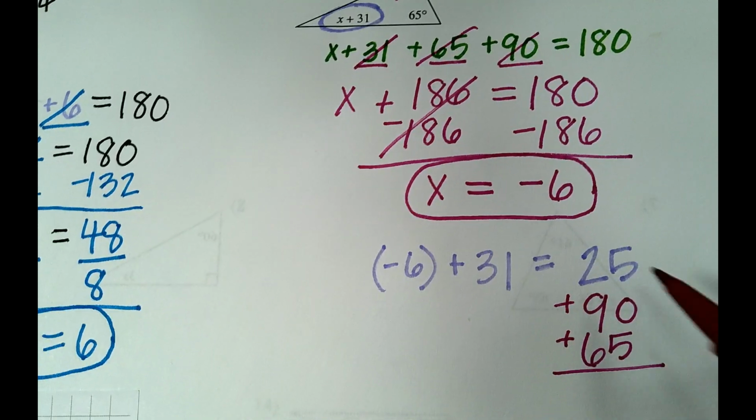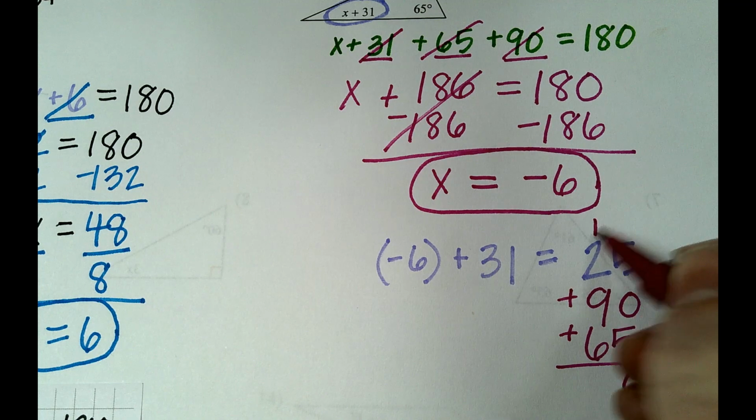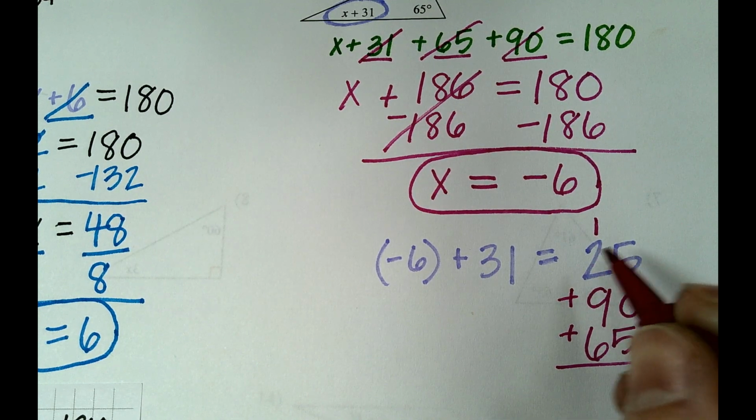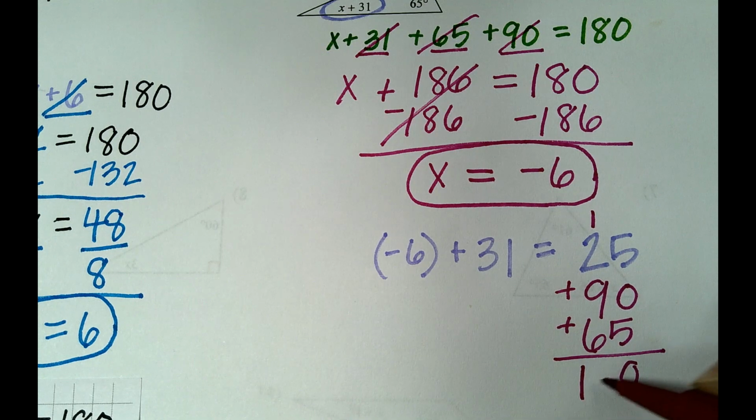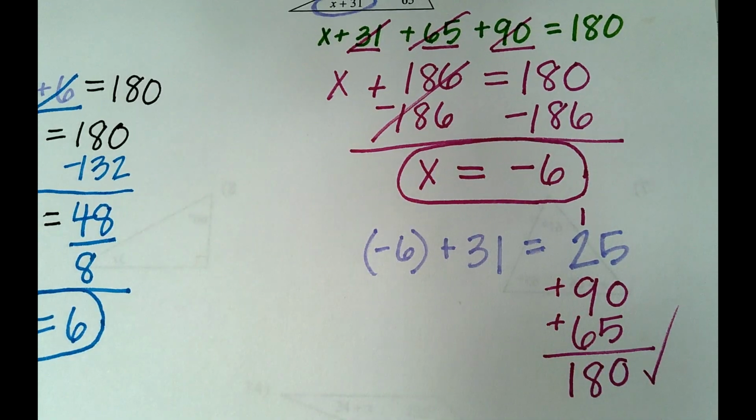If I wanted to do it by hand, 5 plus 0 plus 5 is 10. Carry my 1. 6 plus 9 is 15, 16, 17, 18. That's 180. Correct. Perfect. Okay, so there's number 2.